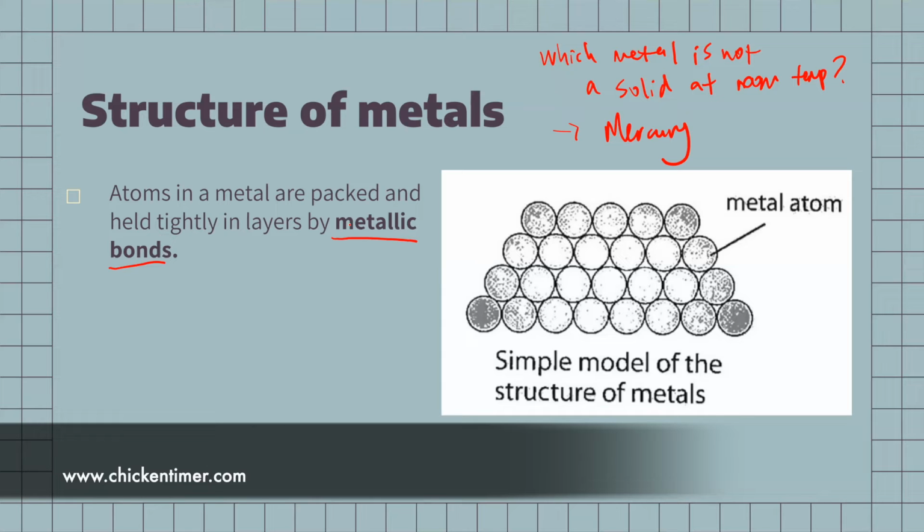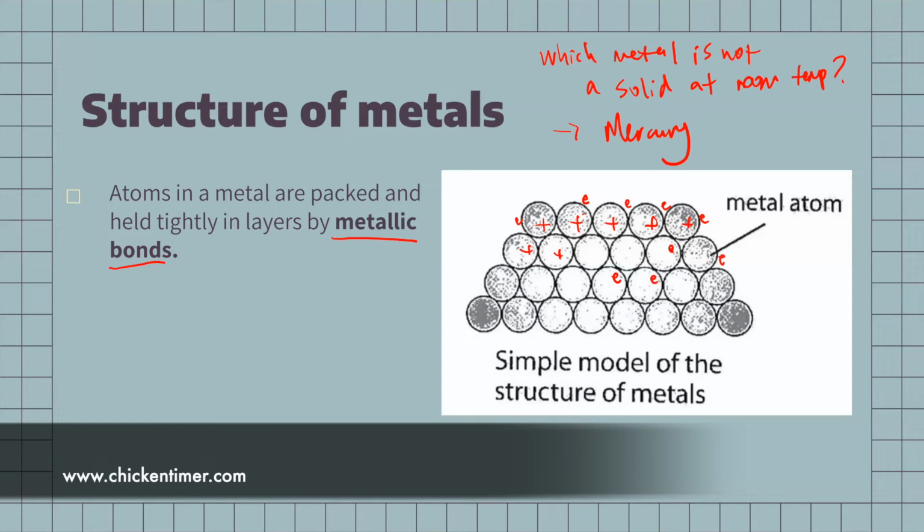In metallic bonding, you have the atoms, and the valence electrons in the metal are free to move around. So then there's an electrostatic attraction between the electrons and the positive ions in the center.